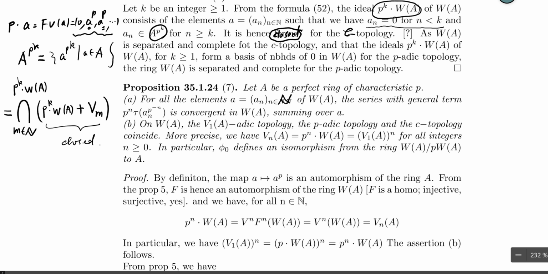For example, if I take any element here, take x, this is open, that is also closed. Well, because this is open and closed, so this is closed. It's a topological group. Summation, multiplication, all continuous. This is closed. This is open. If this is open, this is the union of the open. It's open.